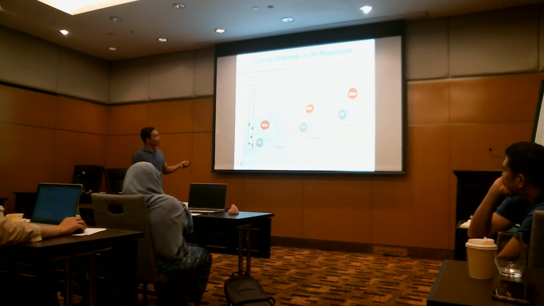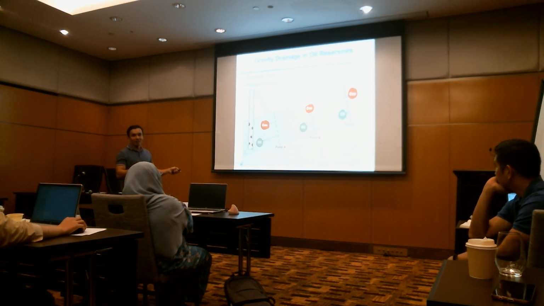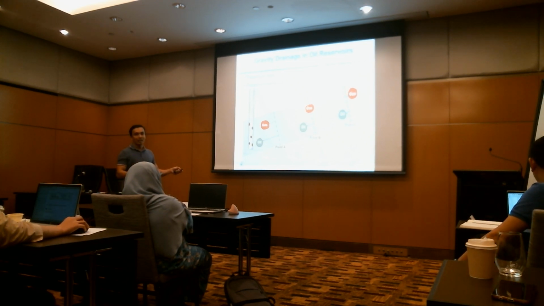As you produce, the gas, being less dense, will go up. The oil will go down. So if you have the right tilted angle of a reservoir, you can benefit from that kind of drainage, gravity drainage.